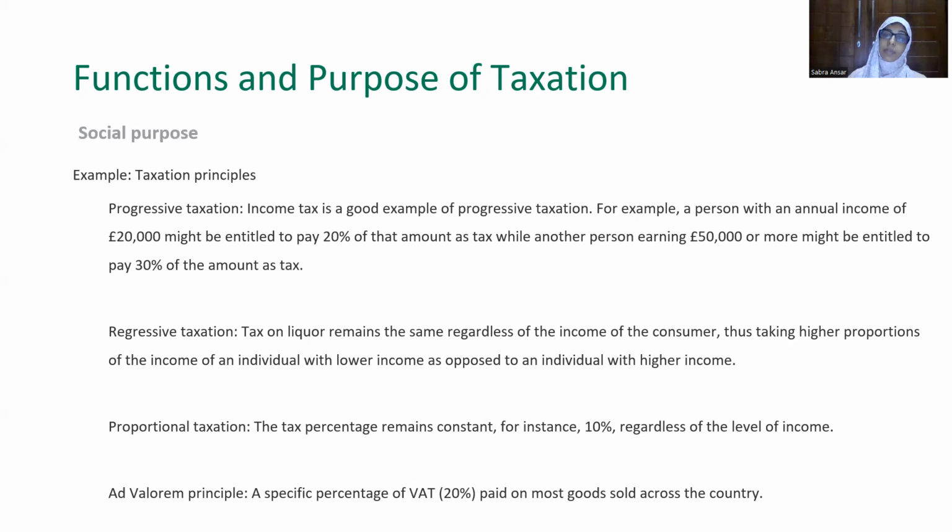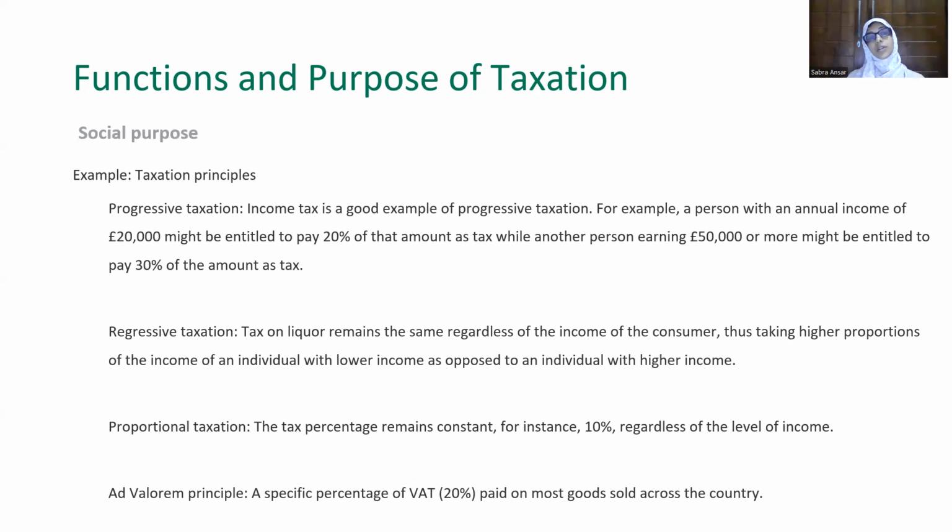So then what happens is a higher proportion of this taxation will go from a person who has a lower income compared to a person with a higher level income.